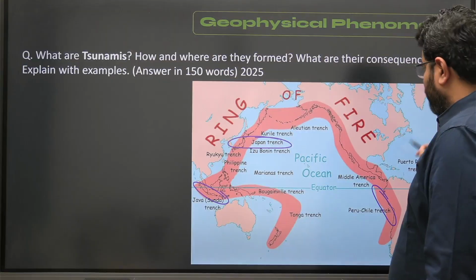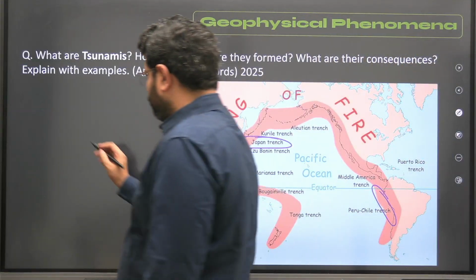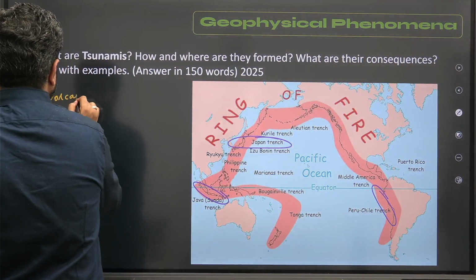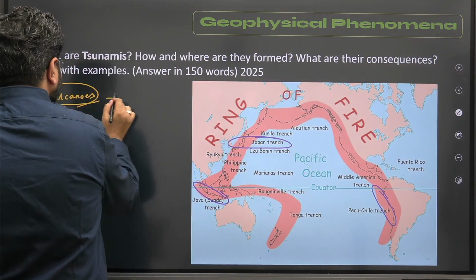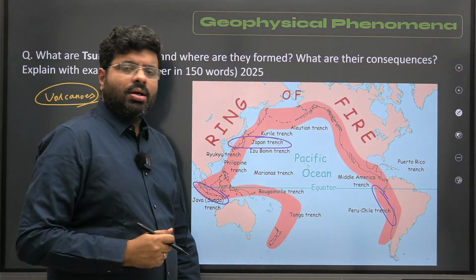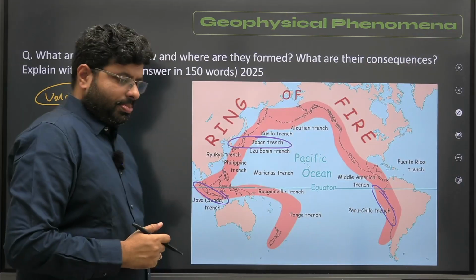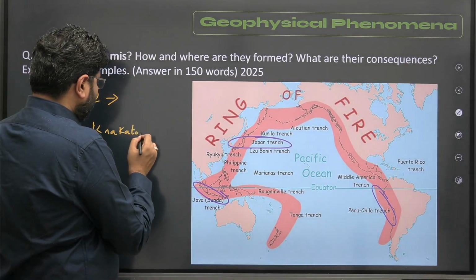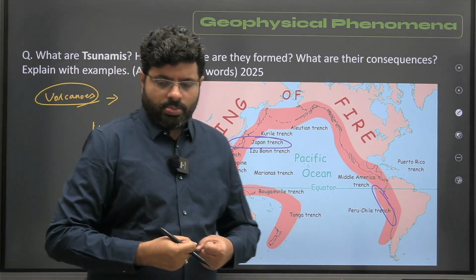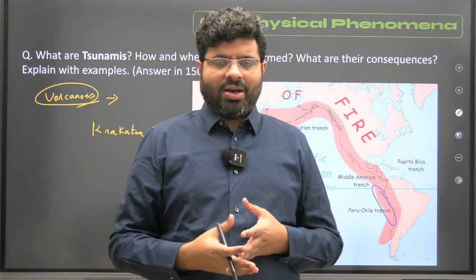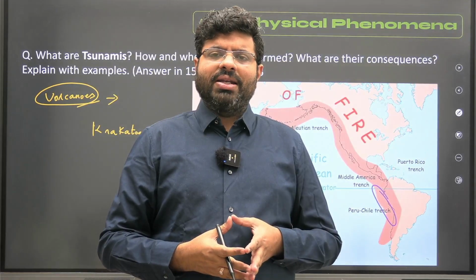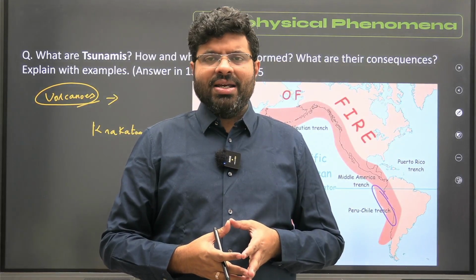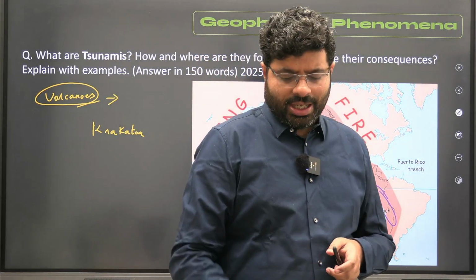Another aspect, volcanoes. Volcanoes can also trigger tsunamis. For example, the Krakatoa volcano in Indonesia. As the volcano releases huge amounts of lava, that might lead to some disruptions on the seabed, which might sometimes trigger a tsunami.